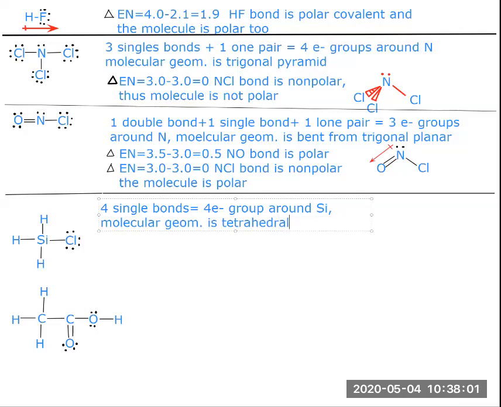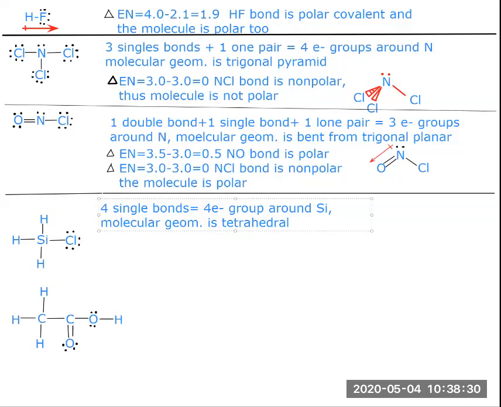So that means we will need to redraw this structure in the 3D way. There is a convention, and I want you to really remember this for your lab 3. When you have a tetrahedron, there's only 2 bonds you can put in the plane, and the other 2 will be the wedges.